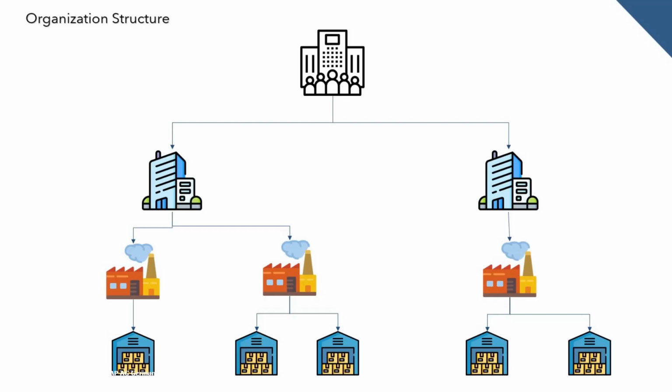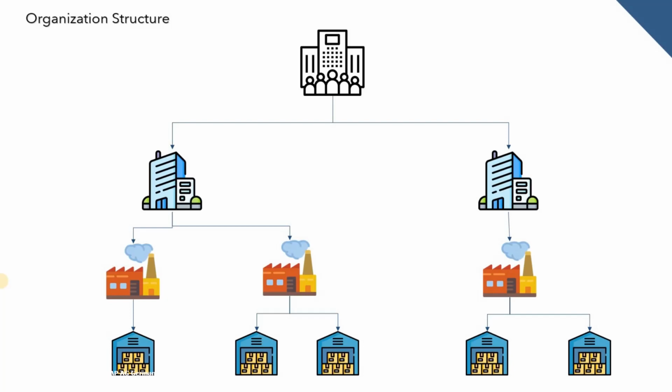So here is the diagram of the organization structure. Let us start from the topmost level, which is called enterprise. For example, take Tata Group. It's a big enterprise, or you can say a big company. Under Tata Group, you have many companies and subsidiaries.